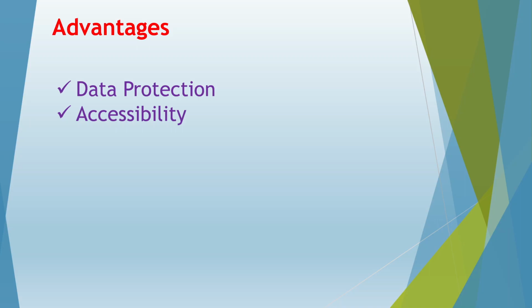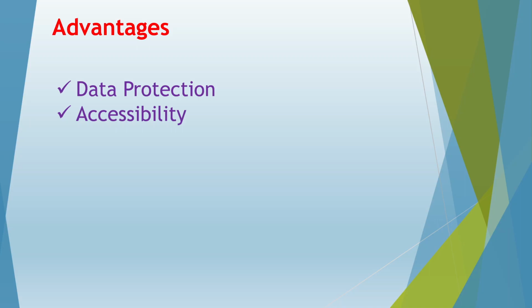Data protection. You will have full control over the data, right? Because the data is being stored in your IT systems only. You will be implementing whatever security standards are required, and customizing the security as per your requirements. Everything will be under your control.